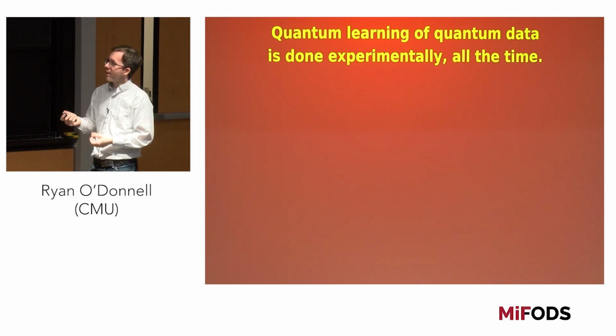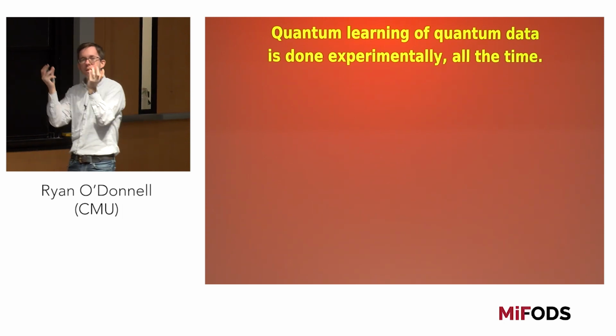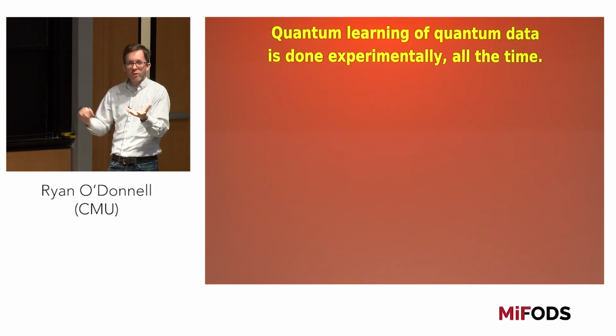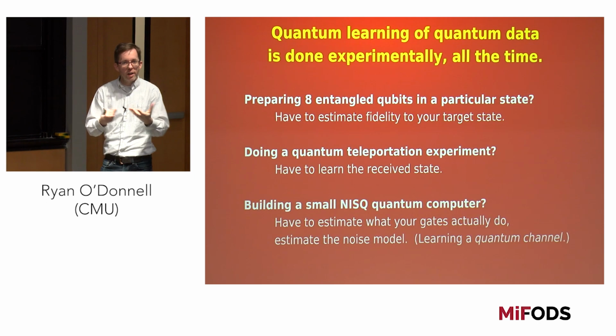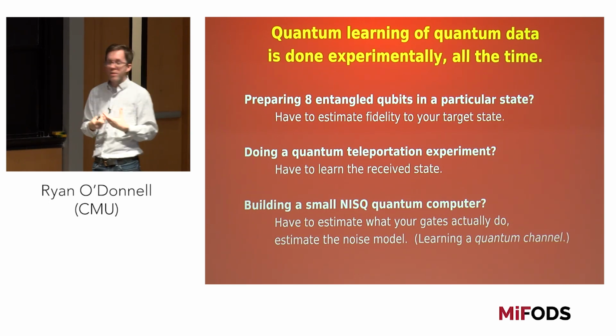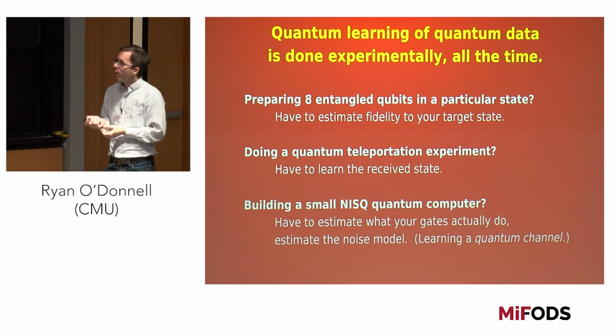Say your goal is to prepare 8 qubits entangled in a certain way. You build your apparatus to do it, and then you have to check whether you succeeded or not. So you do this building process m times and do some learning on the results to see how close it was to what you intended.